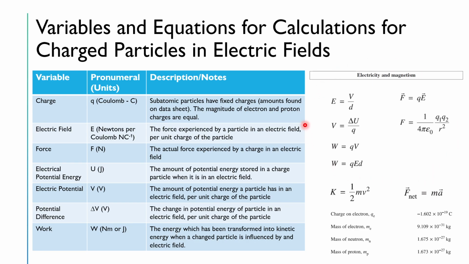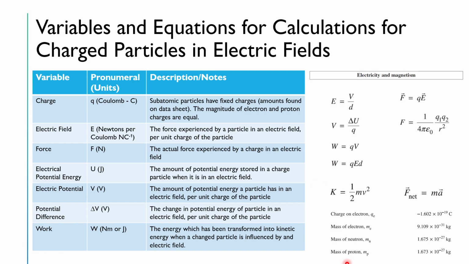On the right here, we have a bunch of equations which we have encountered before. I've also included these two mechanics equations, our classic Newton's second law and our kinetic energy equation, as they're going to be quite useful to us as we begin to look at the motion of charged particles when they are sitting in those electric fields.